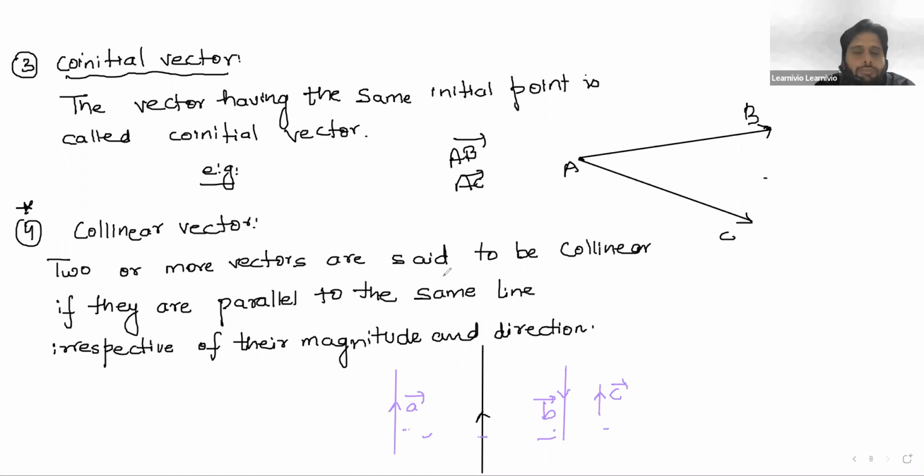For example, A and B have different directions and different magnitudes, but they are parallel to the same line. That's why we say they are collinear vectors. Please remember this. It is a very important type, and we will use it in the questions.